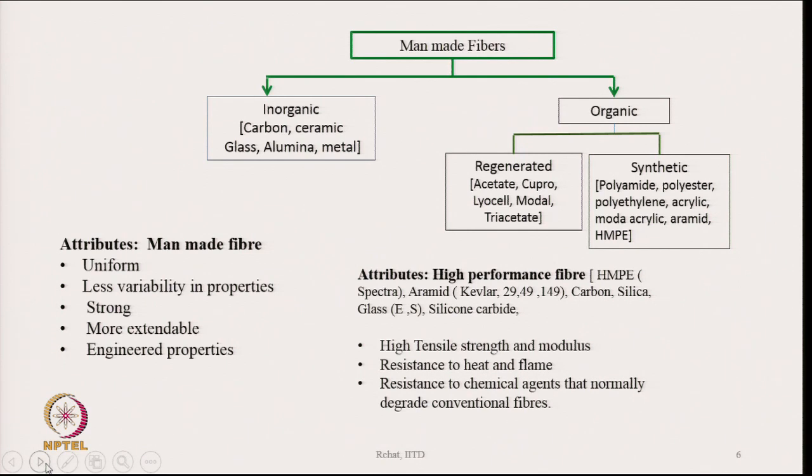And some of the fibers which we call high performance fibers, like high modulus polyethylene, of which Spectra is one of the commercial names, aramid fibers, carbon fibers, silica, glass, silicon carbide, these are high performance fibers, and their attribute is very high tensile strength and modulus.